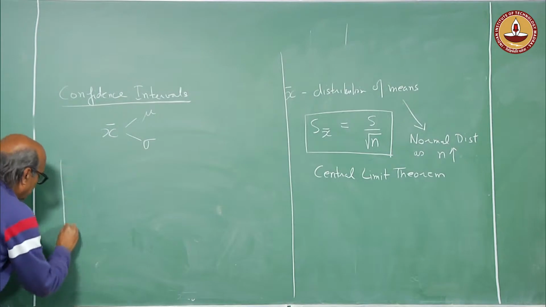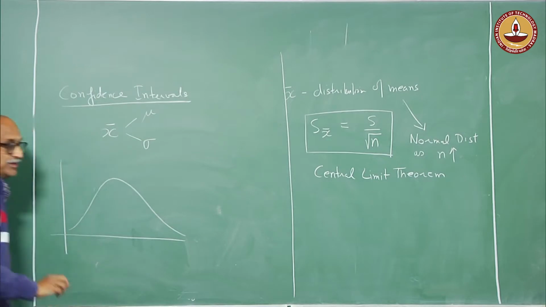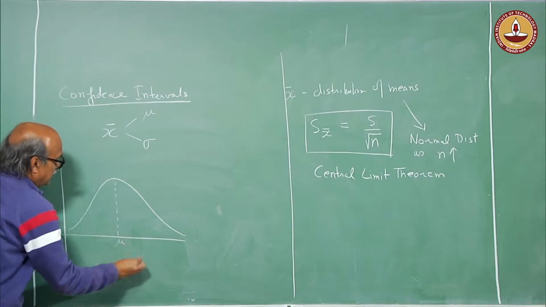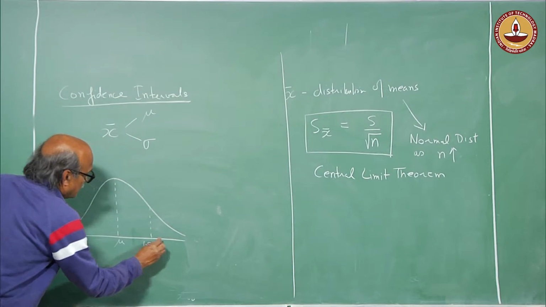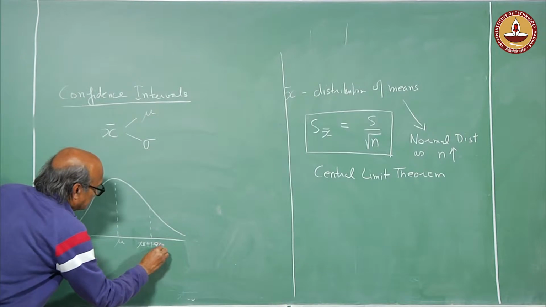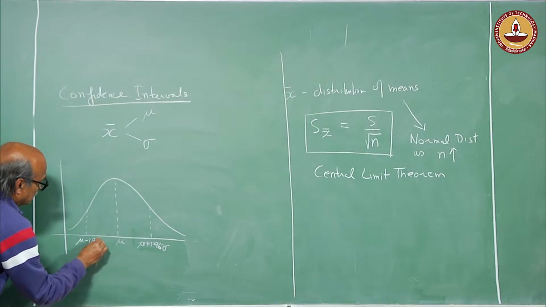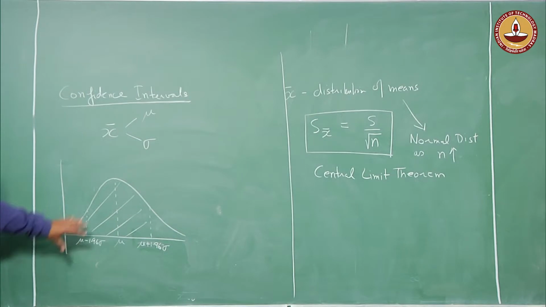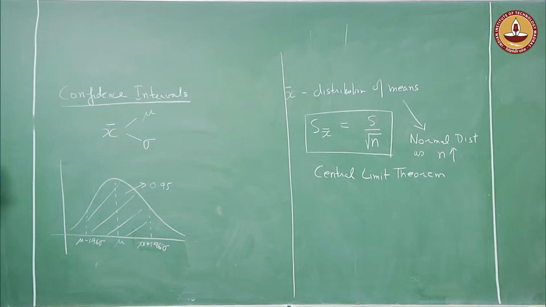Then we have already seen that if this is my distribution, this is my mean, and if I go 1.96 sigma to this side, that is, mu plus 1.96 sigma and mu minus 1.96 sigma, then this area is 0.95 or 95% of the total area.